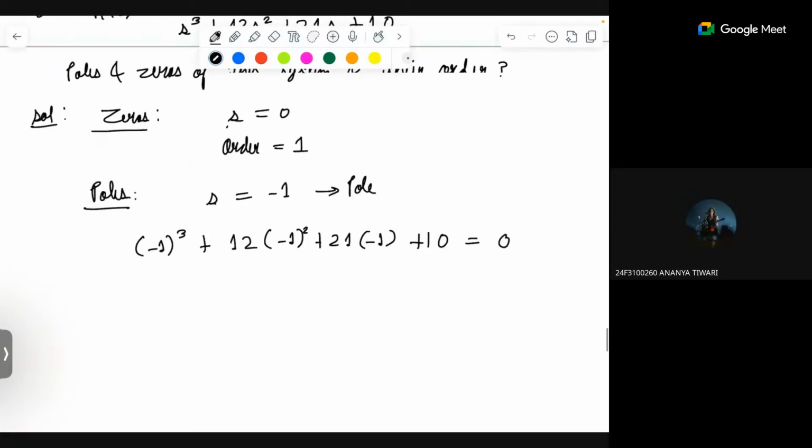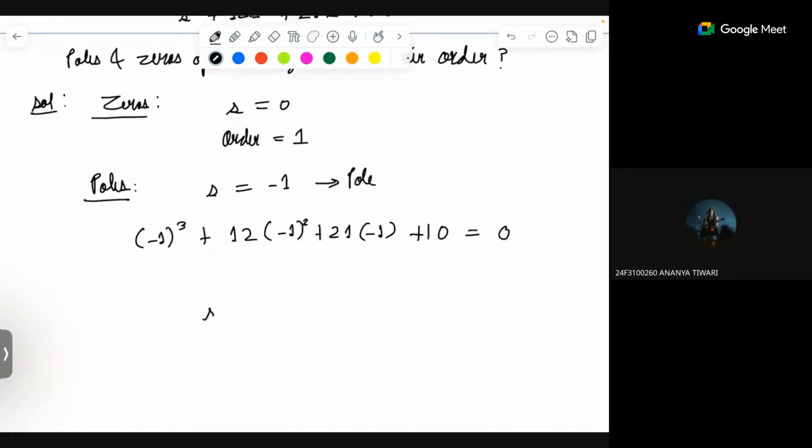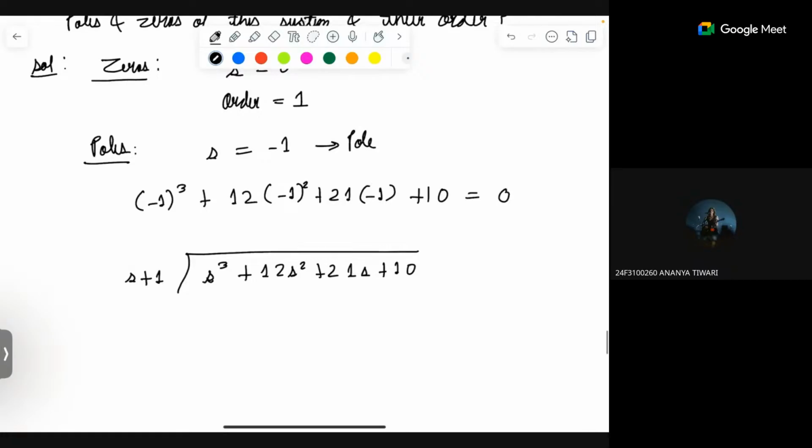Now let us find out the other roots. For other roots, I will divide s cube plus 12s square plus 21s plus 10 by s plus 1. I request you to please perform this division yourself.